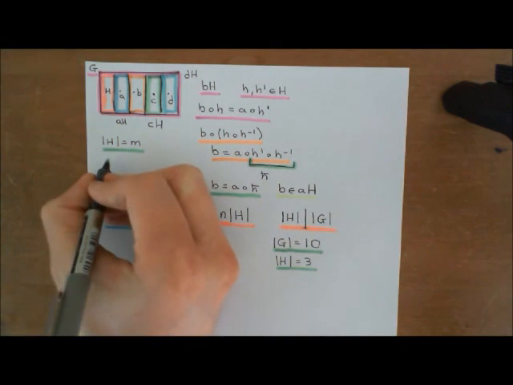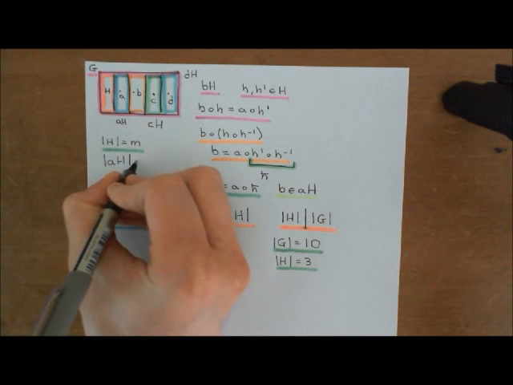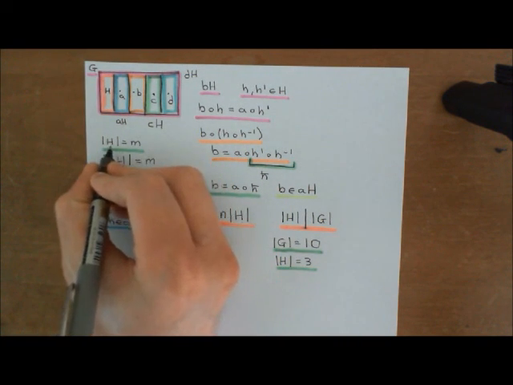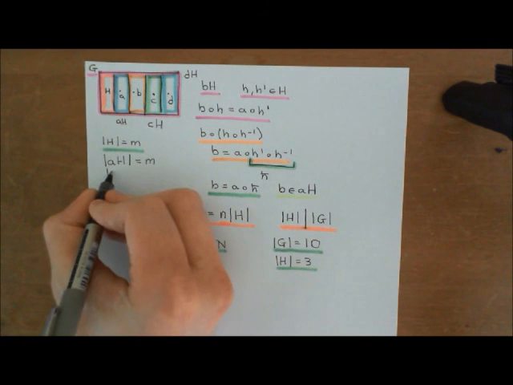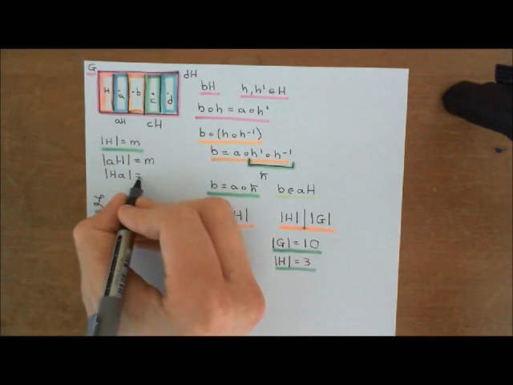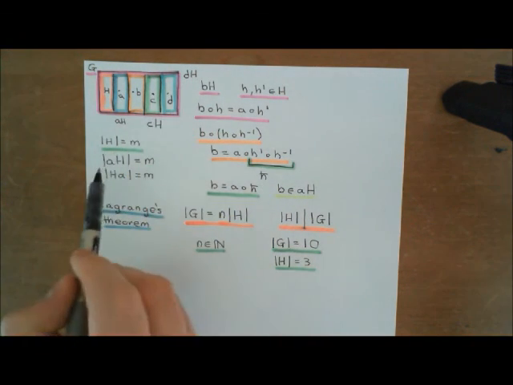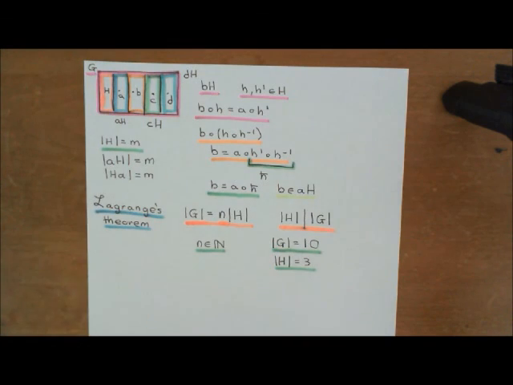So what we can say is that the order of the left coset of H under A will always be the same as the order of the subgroup. And that is also true for right cosets of H under an element A.